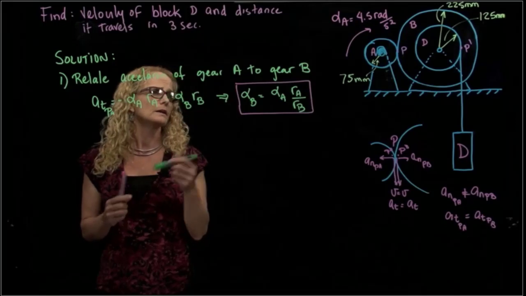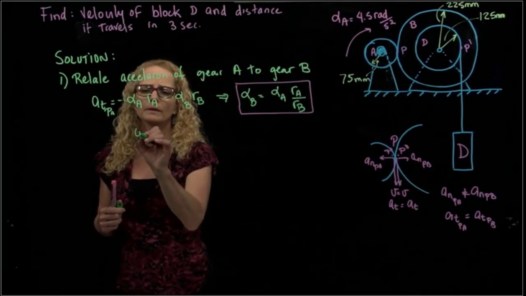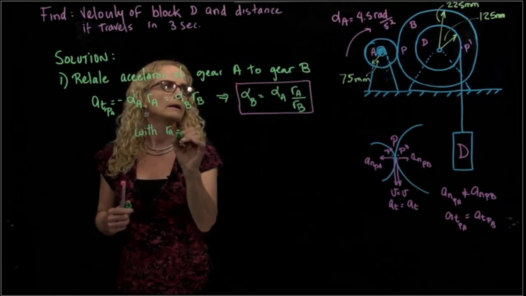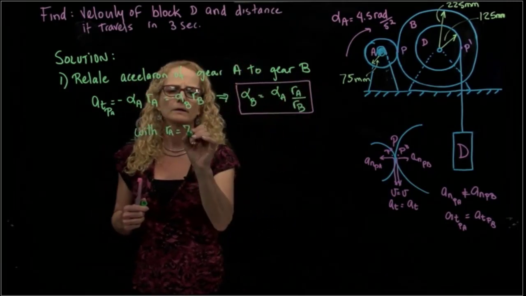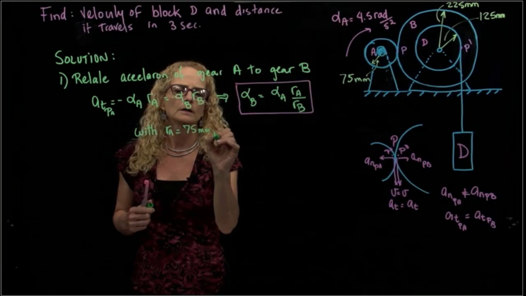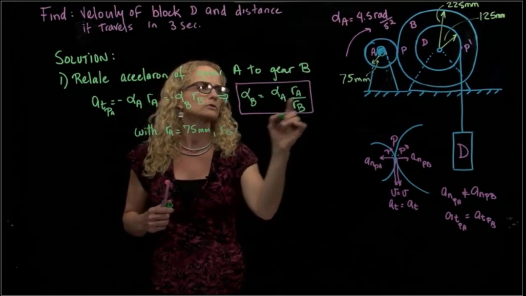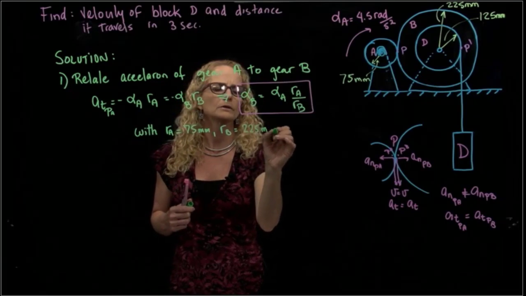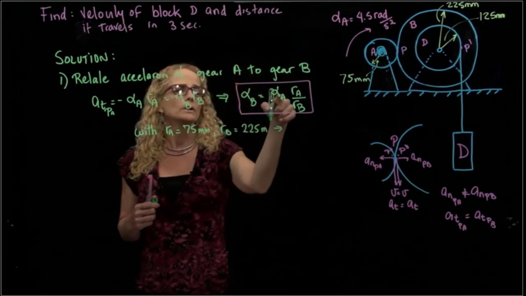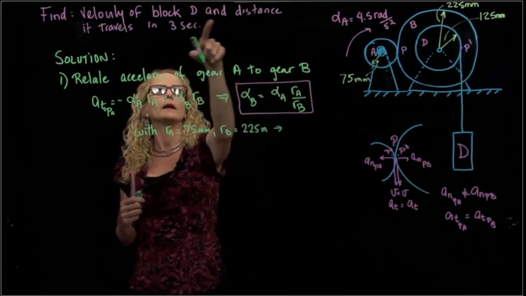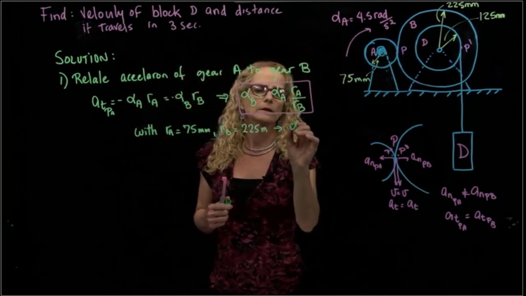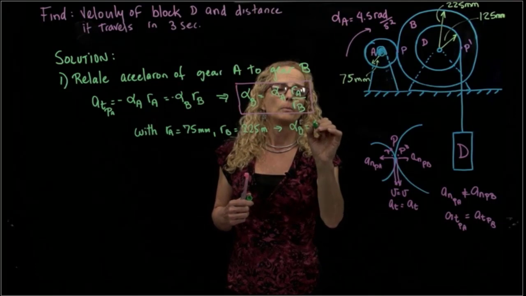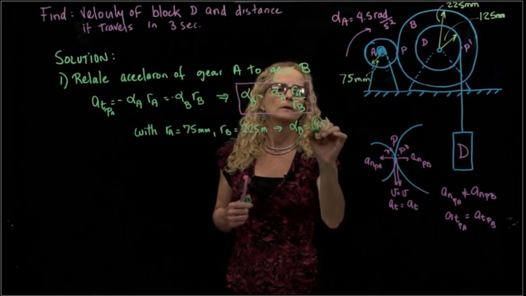And if we plug in the numbers, with RA equal to 75 millimeters and RB equal to 225 millimeters, and we know the acceleration of A, which is given, the acceleration of B is equal to 4.5 times 75 over 225.